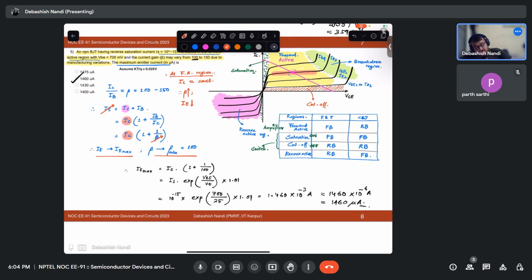Because in the forward active region, my IC is constant. So if beta changes, then my IE will change. And the relation we found is, if beta is minimum, then my IE will be maximum.